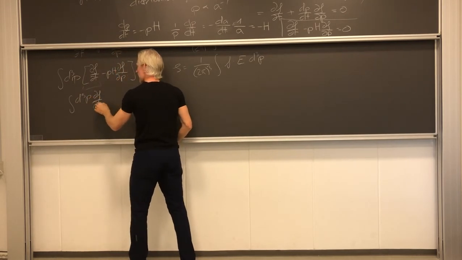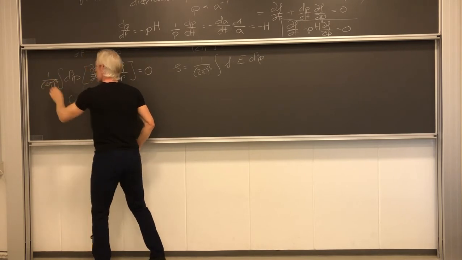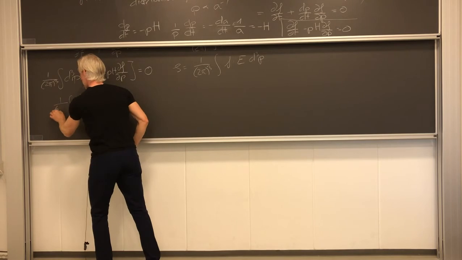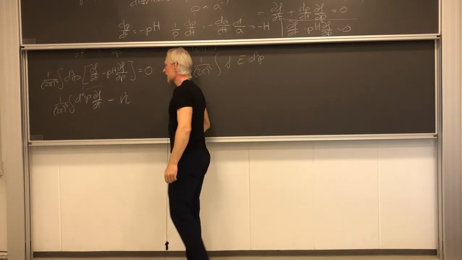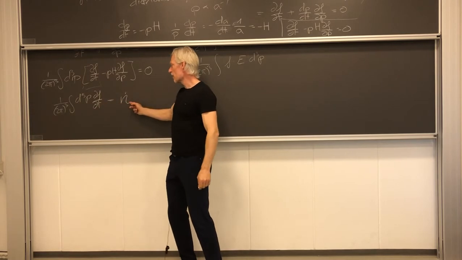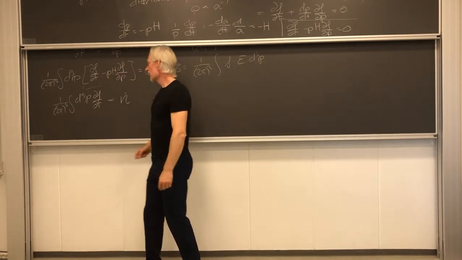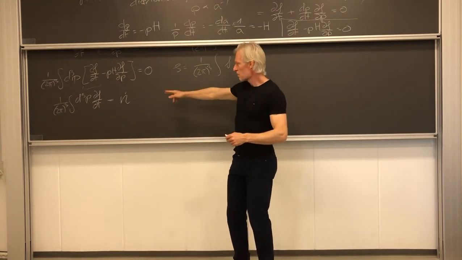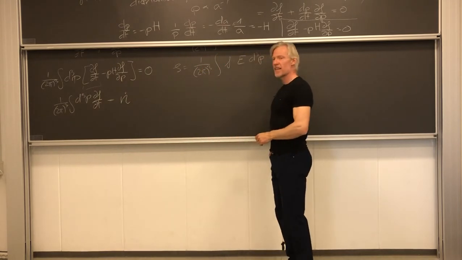If I multiply with this factor, then in fact what I have here is nothing more than the time derivative of the number density, because I can move this outside the integral, and then I just have n as a result of my integration. So that particular part is very simple.